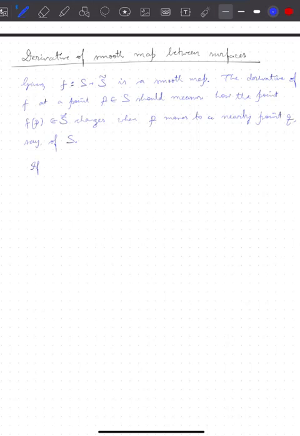Now, if P vector and Q vector are very close to each other, then the straight line through them should be nearly tangent to S at P vector, right?